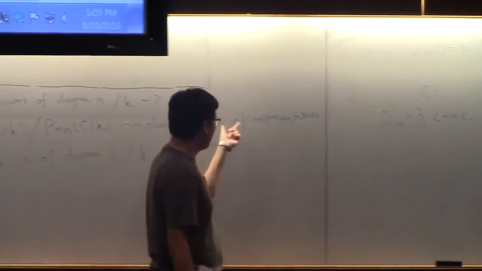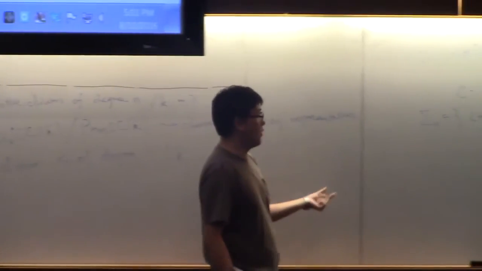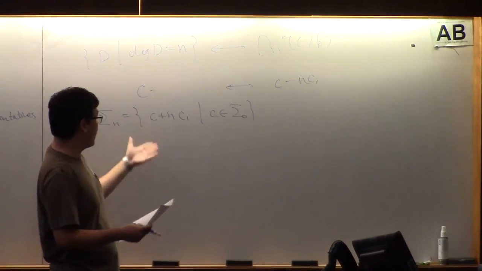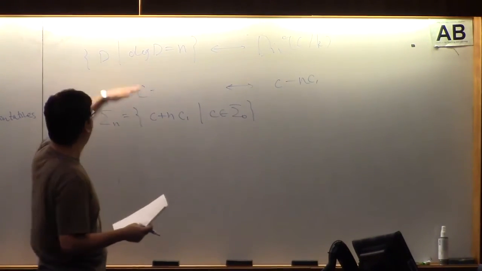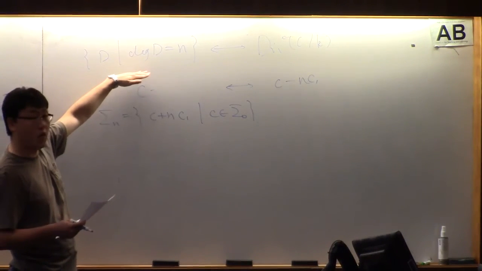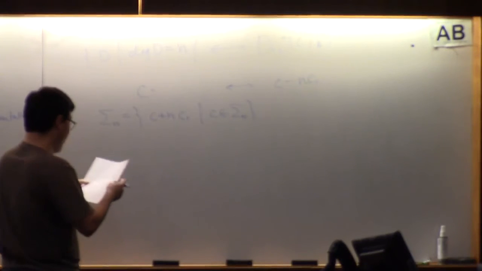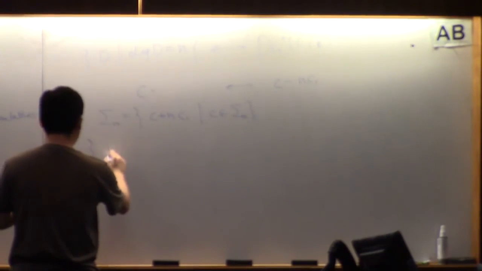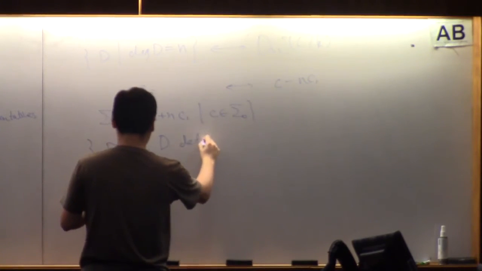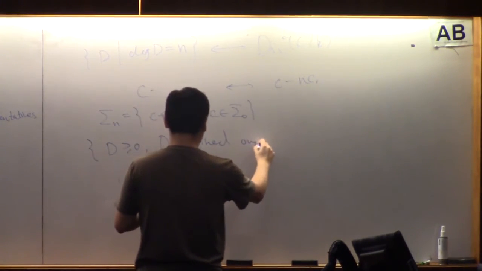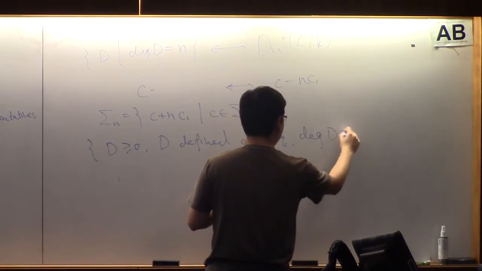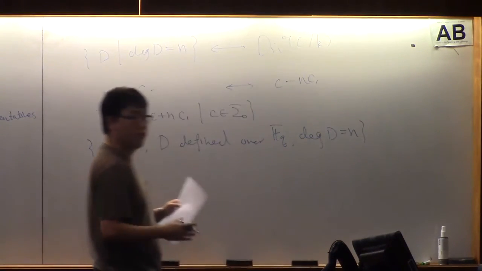And for each element in this set of representatives, I add n times C1 to the divisor, I get a set of representatives of this set under the linear equivalence. Okay? Then I can have a description on these sets.